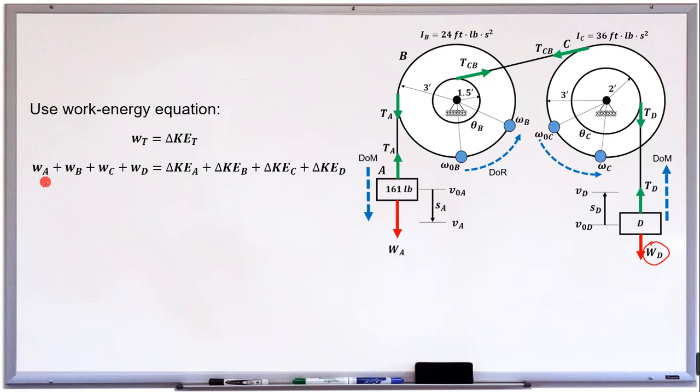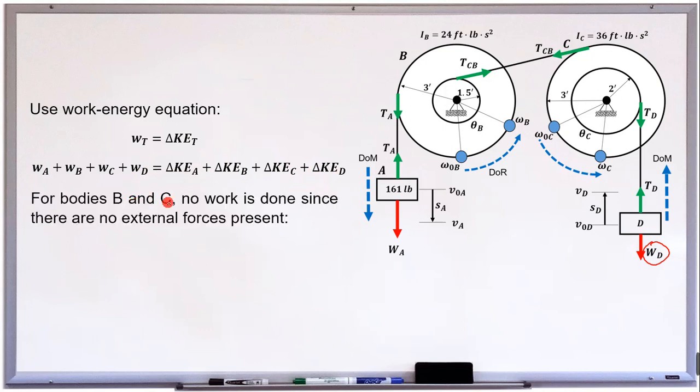So we have the work done at block A, the work done at cylinder B, the work done at cylinder C, plus the work done on our block D, which is also equal to the sum of the individual changes in kinetic energy for each of these objects. So we have for A, for B, for C, and for D.